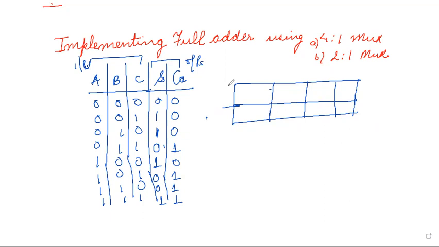Since I'm reducing in variable A, the 2 variables which we are expecting to be on the select lines are B C. So I'll draw the 4:1 multiplexer. So on the select lines, we are expecting B C.